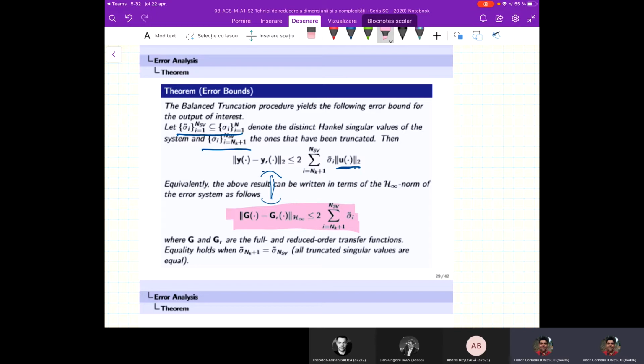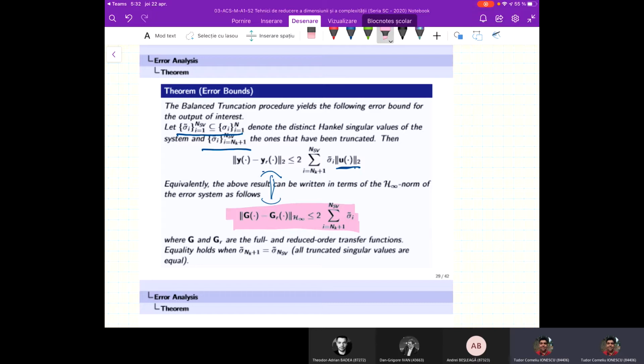This method is not eligible to be applied to large-scale systems. However, the theoretical result of the error bound is crucial and unique.